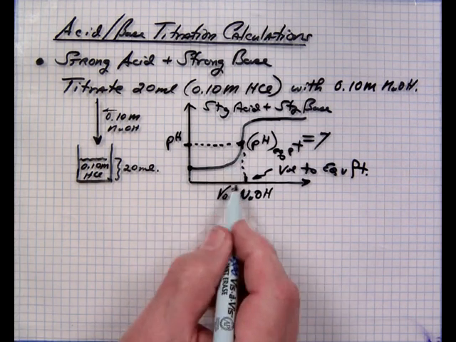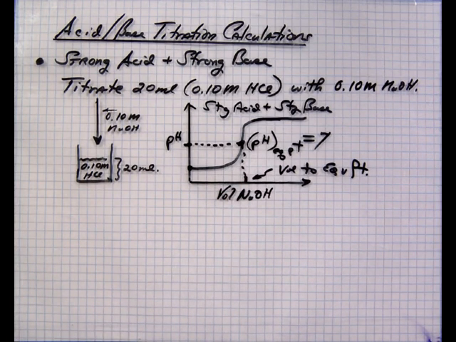Notice how a very narrow volume of base results in very quick increases in pH with small amounts of sodium hydroxide. So you want to estimate how much base is going to be used to reach the equivalence point.